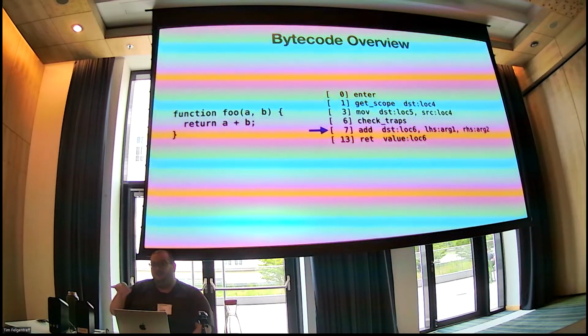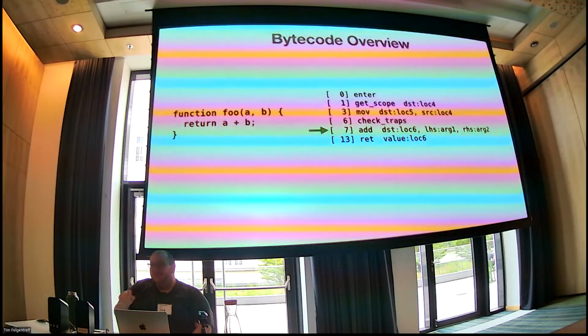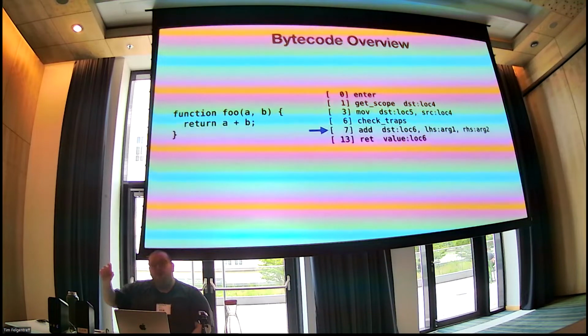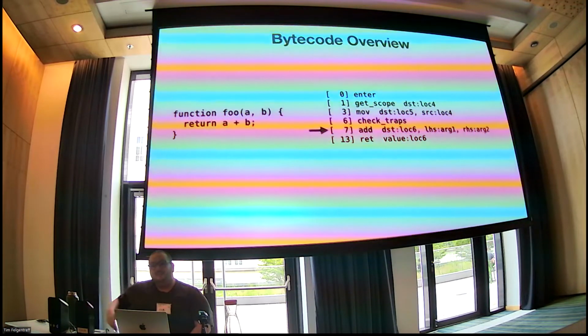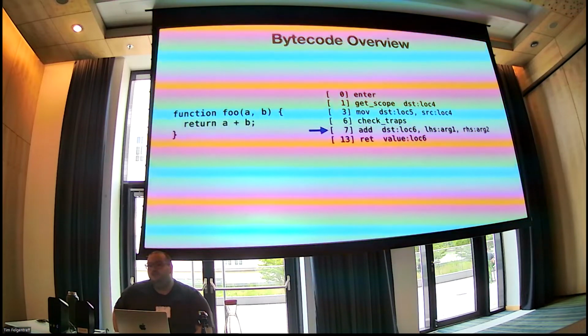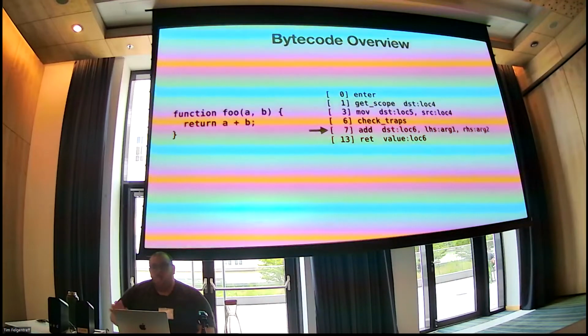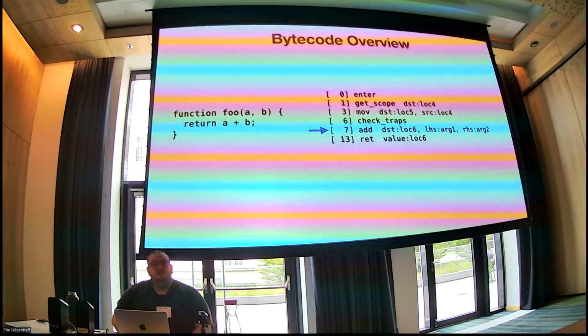We used to refer to all of our bytecodes by specifically an index. So instead of seeing destination here, you would just see index 0 is the destination, and everywhere in the code that used index 0 would be implicitly the destination. So this is just for readability. Everything I'm showing today is just the pretty printed versions of our IRs.